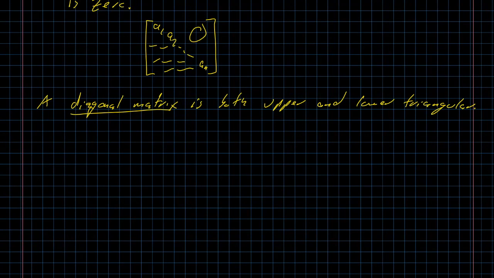A diagonal matrix is both upper and lower triangular. That's the definition of a diagonal matrix, which is not a very obvious definition.